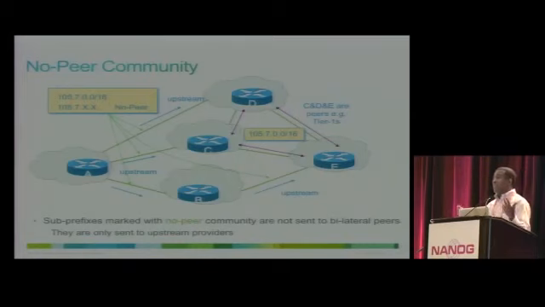They just exchange routes and send traffic to one another, but they don't use one another as a transit. That type of relationship is called peer. So no peer means don't advertise this prefix to a peer. That's the meaning of it. So when you do that, you can apply a policy on a peer session to block those prefixes with the no peer community attribute.